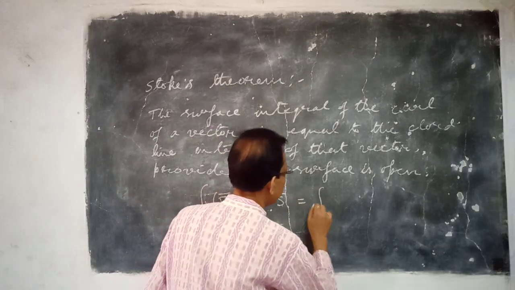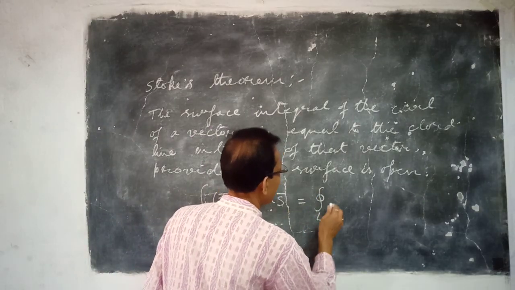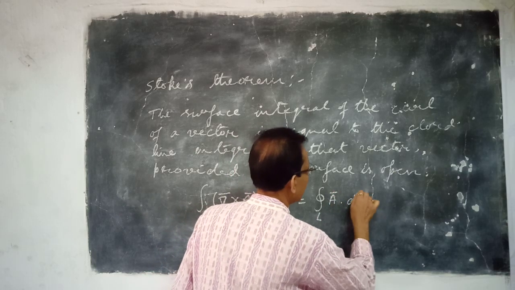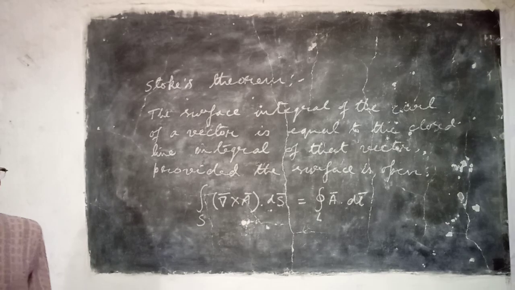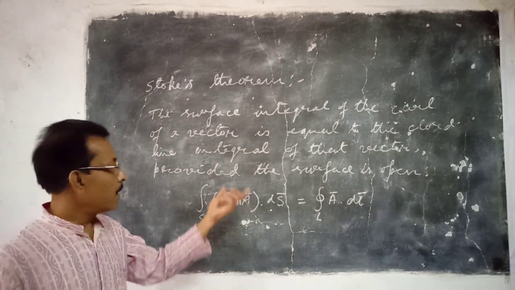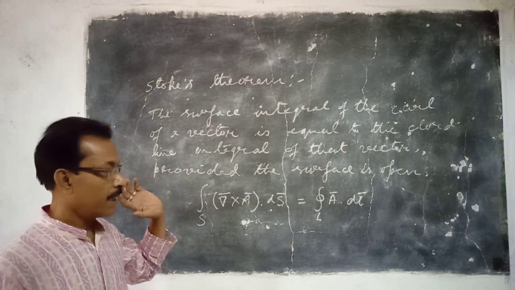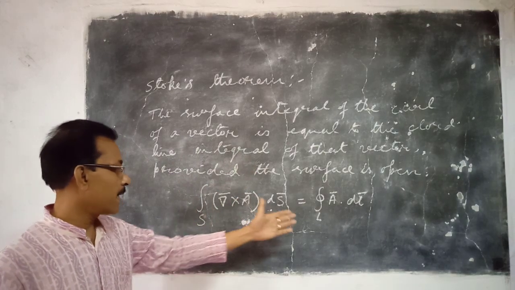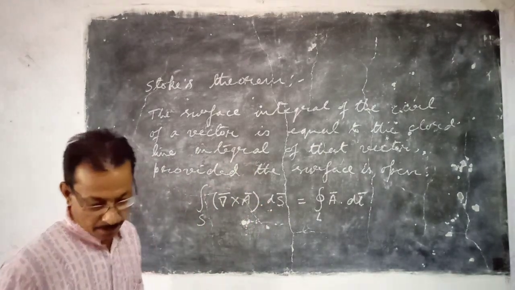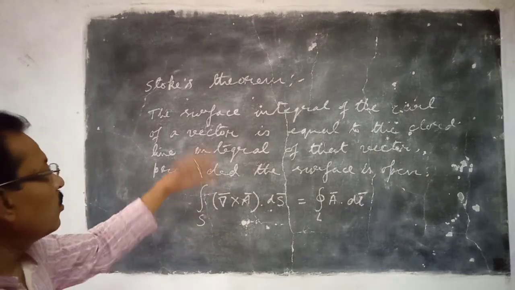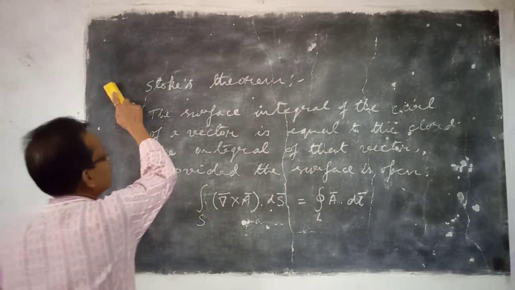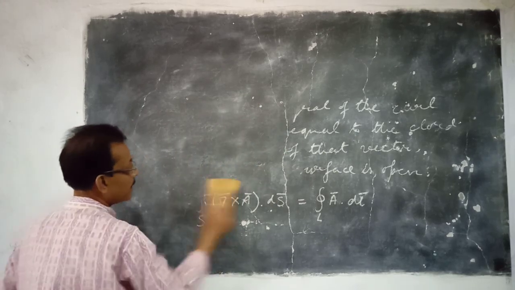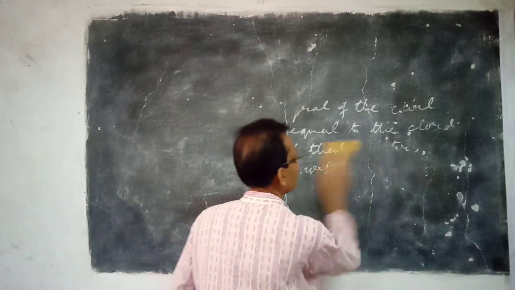That equals the closed line integral of that vector A dot dl. So one is Gauss's divergence theorem, which relates surface to volume integral, and the Stokes theorem, which relates line integral to surface integral. Now by applying these two, we convert the integral form of the Maxwell's equation into its differential form.